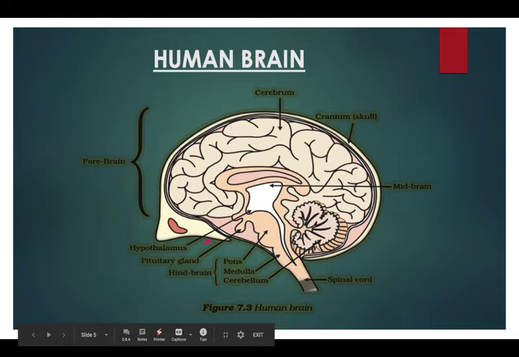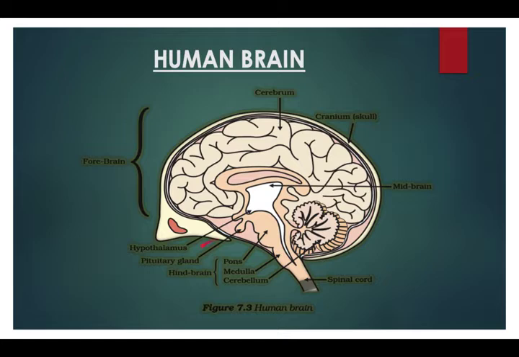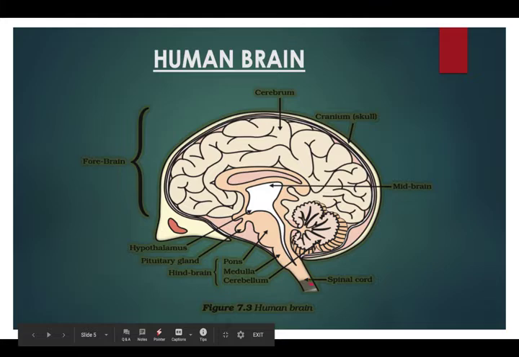Now, just below the hypothalamus, there is the pituitary gland also, and about hypothalamus and pituitary gland, we will talk in the endocrine system for control and coordination in next class. And here is the spinal cord, and this is the brain stem part of the brain which connects the brain to the spinal cord.